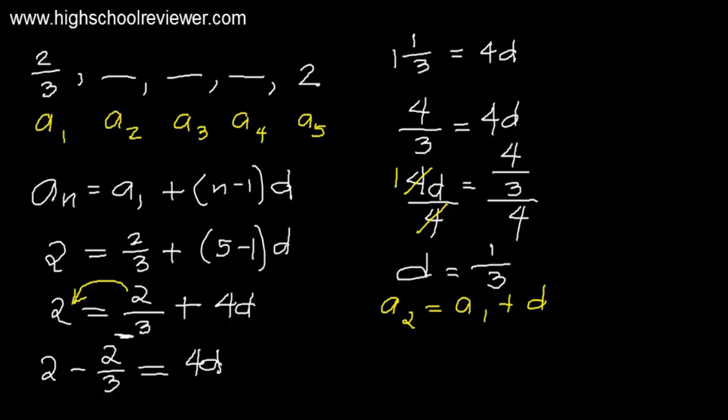And our a sub 1, so our a sub 1 is 2/3. So 2/3 plus 1/3, this will give us 3 over 3, or this is equal to 1. So our a sub 2 is positive 1. And then we are now going to solve for a sub 3.